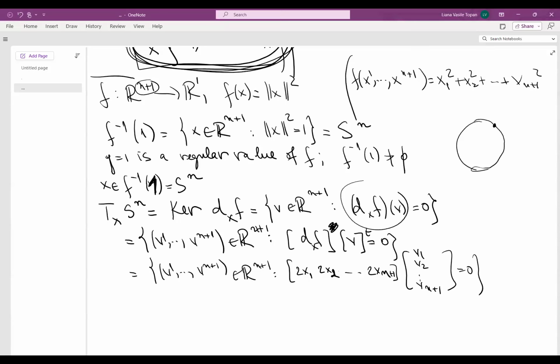So this will contain all vectors v1 up to v_(n+1) in R^(n+1) for which 2x1 v1 plus 2x2 v2 plus up to 2x_(n+1) v_(n+1) is equal to 0. I'm dividing by 2 directly, so it's x1 v1 plus x2 v2 plus up to x_(n+1) v_(n+1) equals 0.